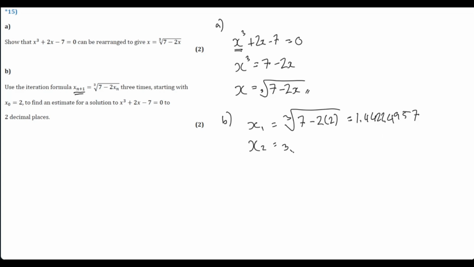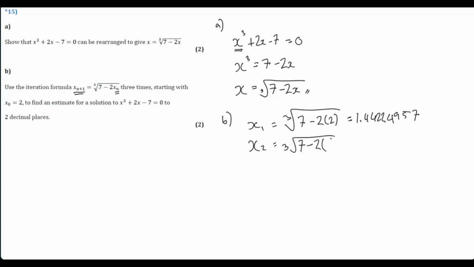So if I set it out like this, 7 minus 2 times, and this next xn will be x1. So it's our previous answer. So we would put this into there.